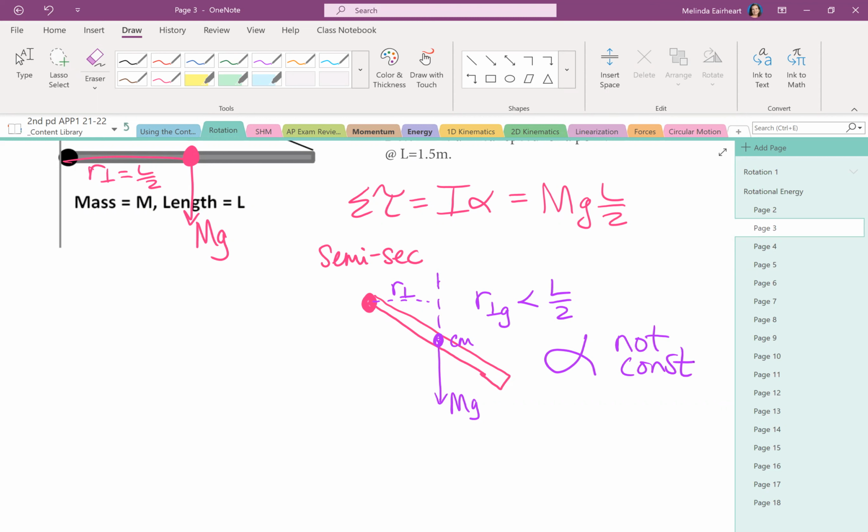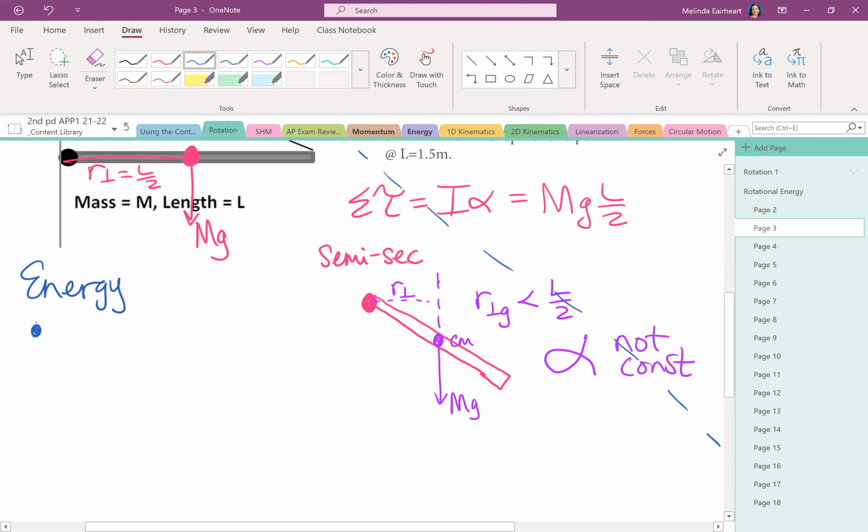And so here is an example where energy is going to be more user-friendly because with energy, you can look at just spots, okay? And so I'm going to switch gears. Torque, not that it's not true, it's just harder, okay? And so we're going to take a look at the energy point of view.